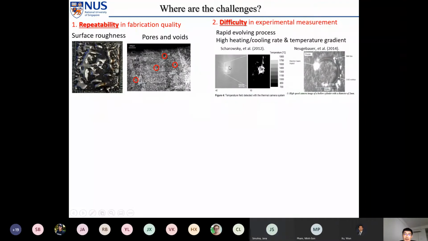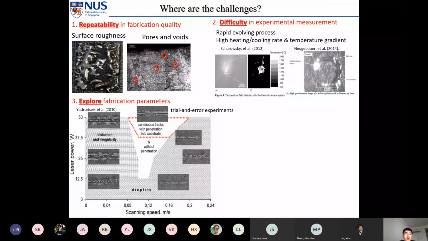For common tools like a high-speed camera or just an industrial camera, we cannot see what's going on in the molten pool, and we don't really get much useful information. And without this in-situ monitoring, we cannot achieve feedback control.